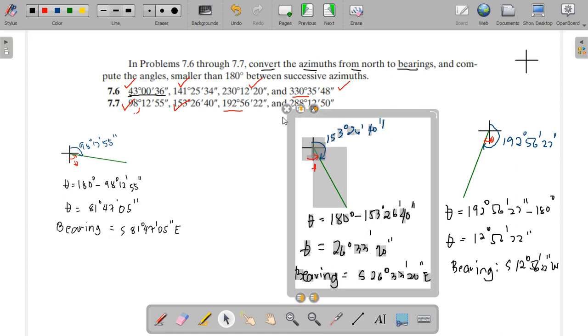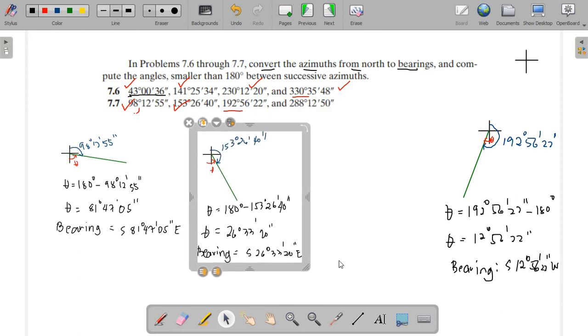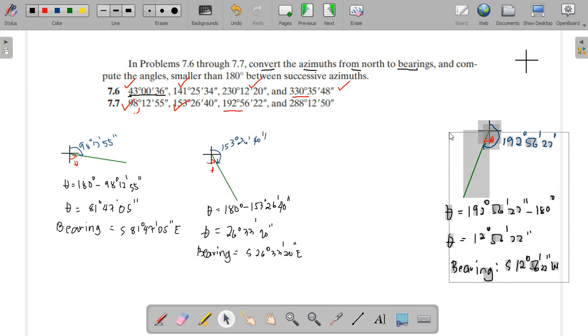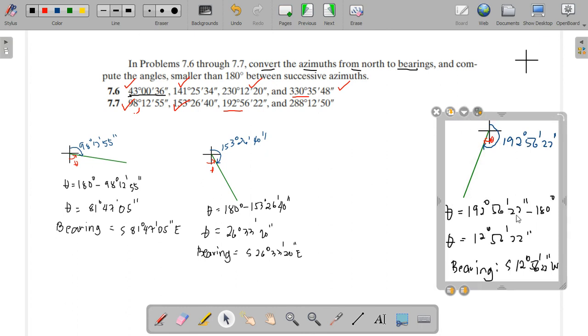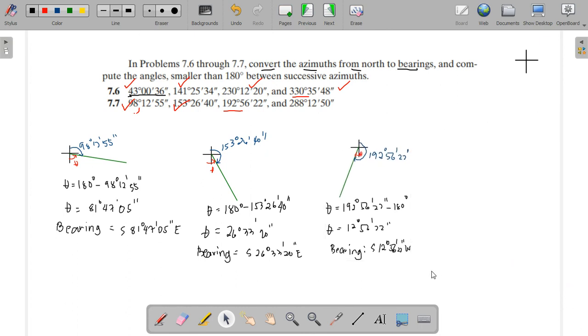Can also move this. And of course, this one too. So that we can put it on one page. Okay, so last one is 288.